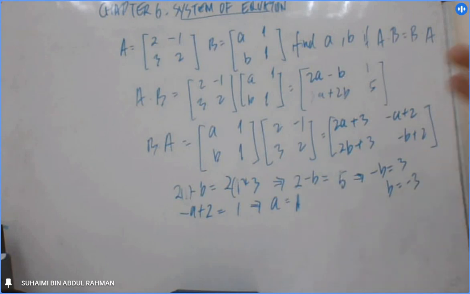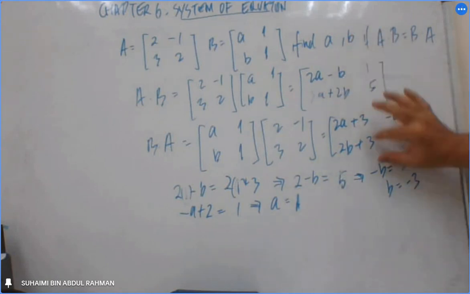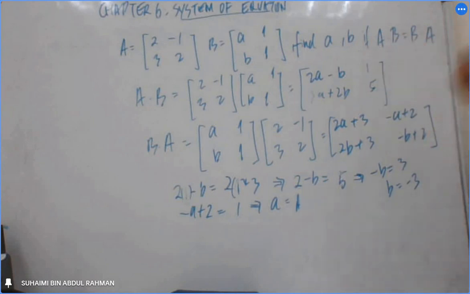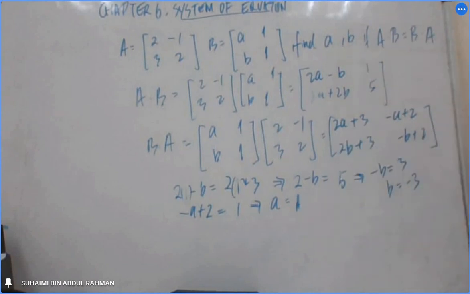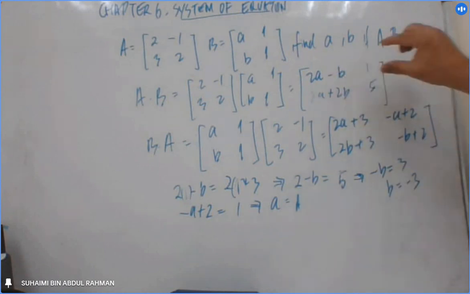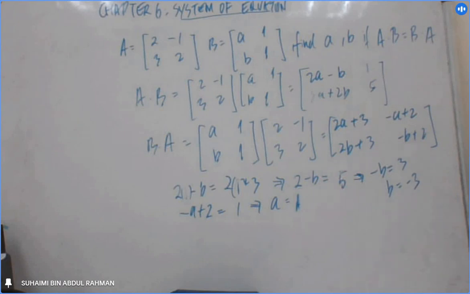If we cannot find the value, we have to go to the next entry, because we have to match. Here, matching the first and second is enough to get the values of A and B. If not enough, we go to number 3, number 4. In the previous case it was K. Up till now we have used 2 times 2 matrices.